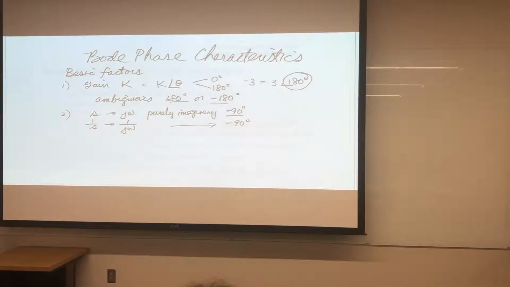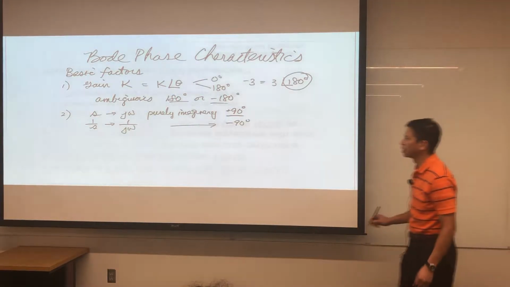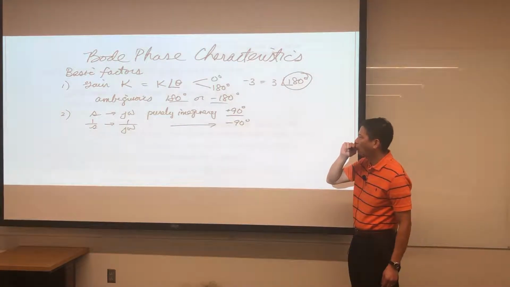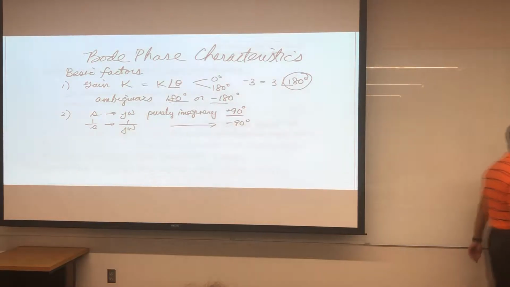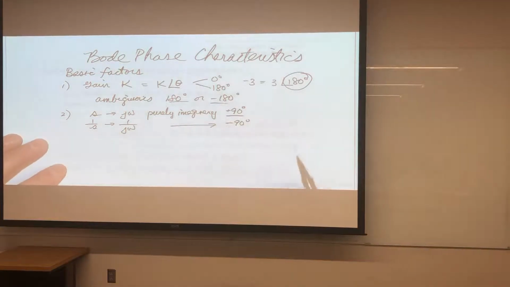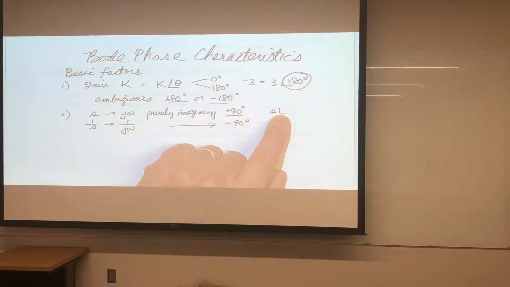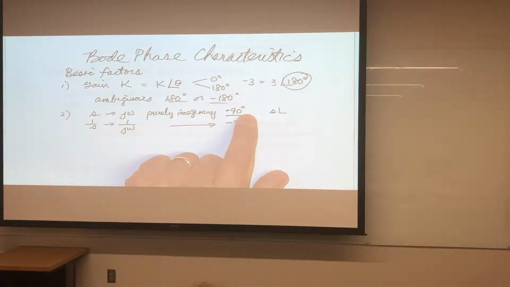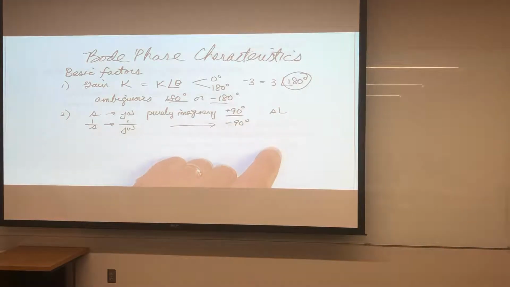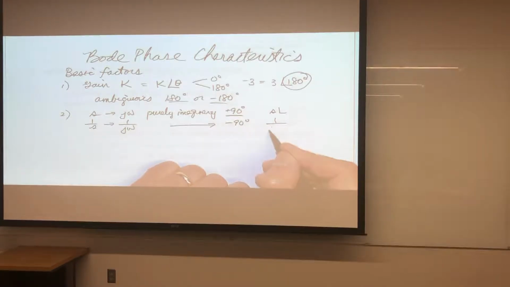You may remember the characteristic of an inductor in circuits, SL. That was the impedance. The voltage leads the current by 90 degrees, plus 90 degrees. And for a capacitor, you have 1 over SC.